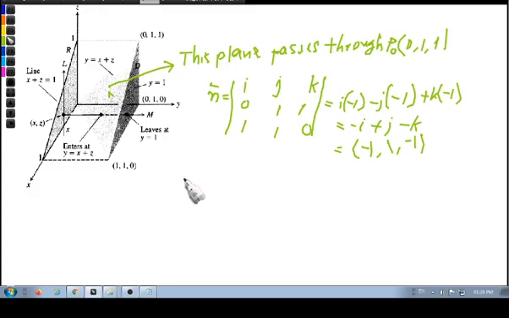So (x minus 0, y minus 1, z minus 1) dot product with n, so (minus 1, 1, minus 1), that is equal to 0.